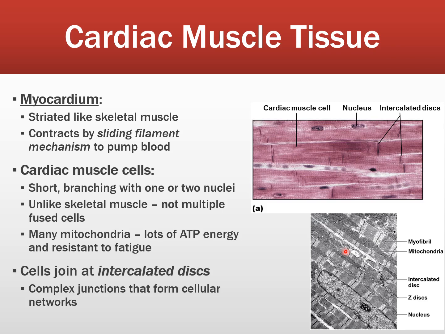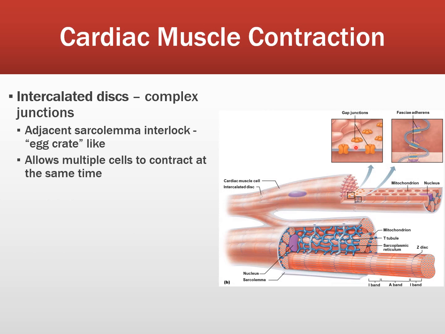So where these cells connect are called those intercalated discs. Okay, so these intercalated discs are where the cells come together, and it's a very complex cell junction. And then you get a network of multiple cells linked together. So let's look a little closer at that intercalated disc or this cell junction.